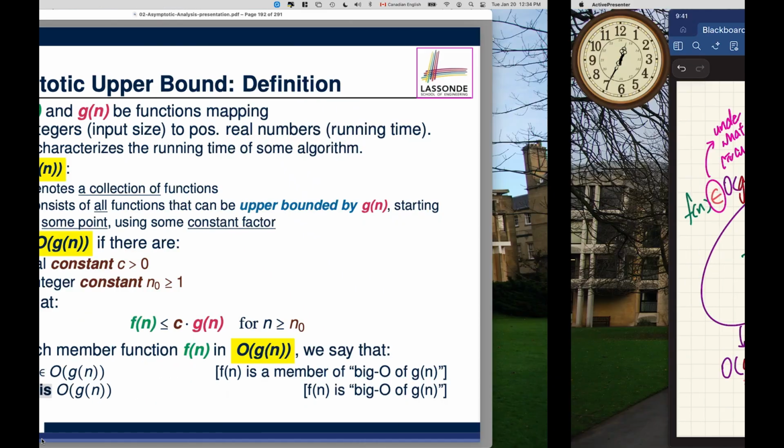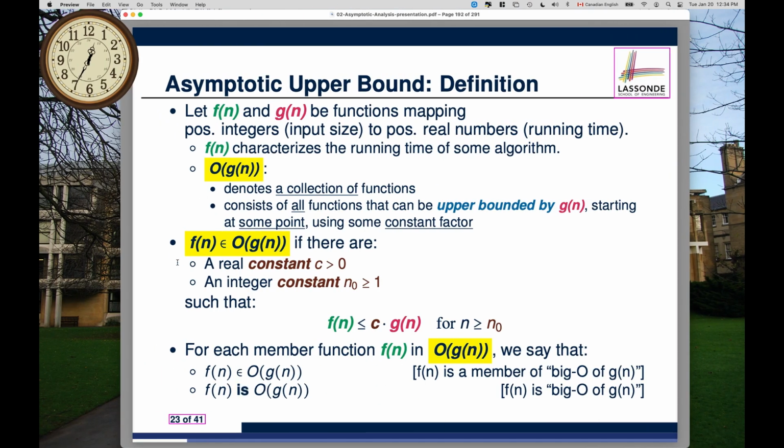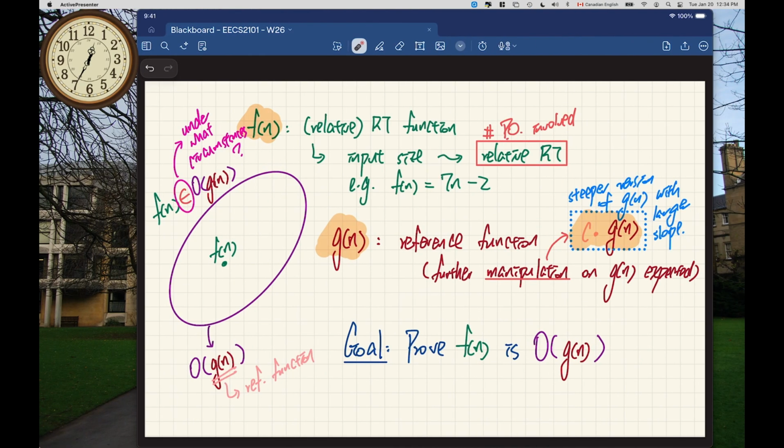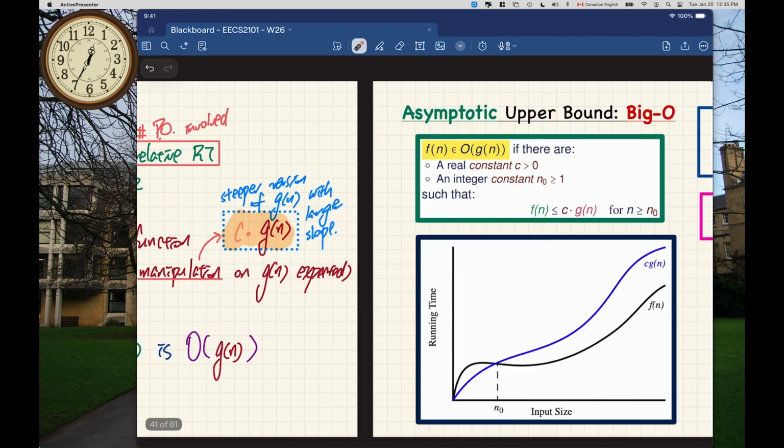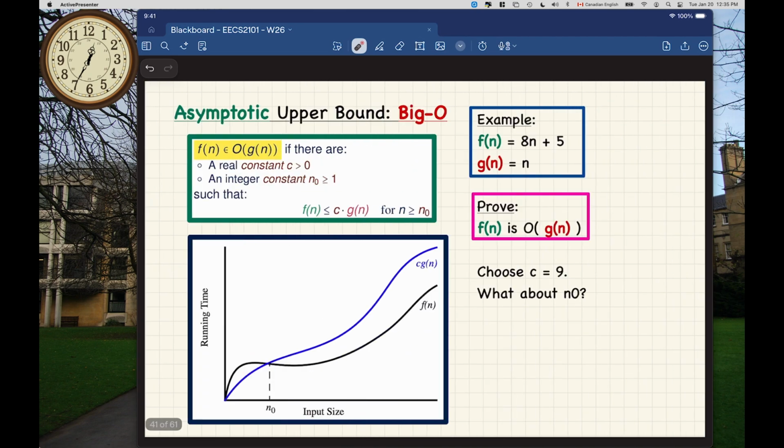So the formal definition is actually right here, and I'm going to go over it and also visualize it. It's actually not very long.